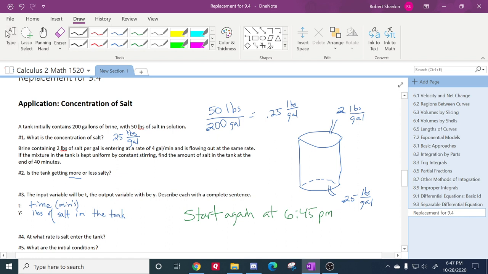Ah, so 2 pounds per gallon. This is what we call the concentration of salt. But it's entering at a rate of 4 gallons per minute.